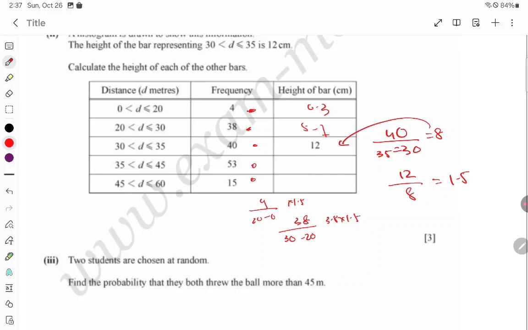Now for 53, this one divided by the distance 45 minus 35, it will give you 5.3 multiplied by the enlargement which is 1.5, 7.95.